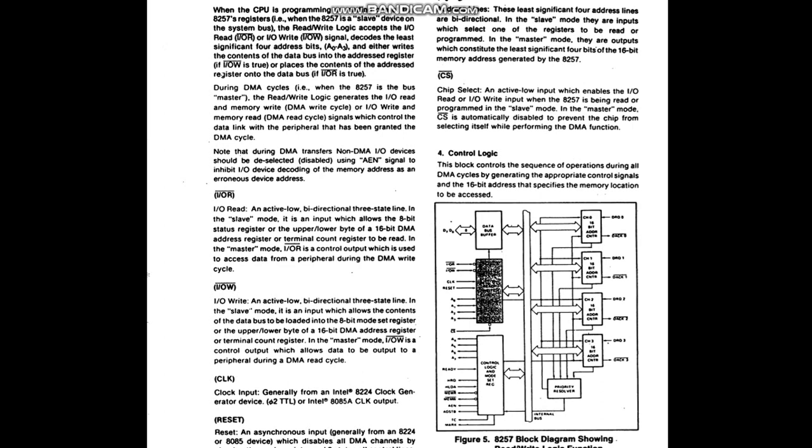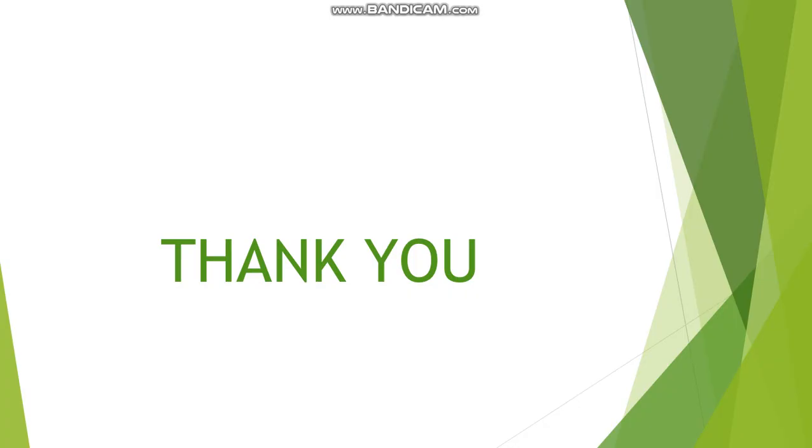Reset, when it goes high, means all the registers are reset, set to 0. Chip select is an active low input which enables input output read or write when 8257 is being read or programmed in the slave mode. When its value is 1, it works in slave mode, and when its value is 0, it works in master mode, as I told you before.